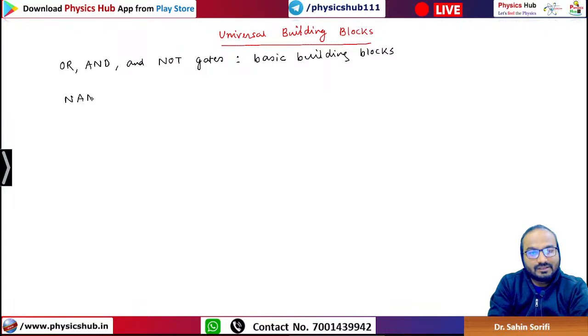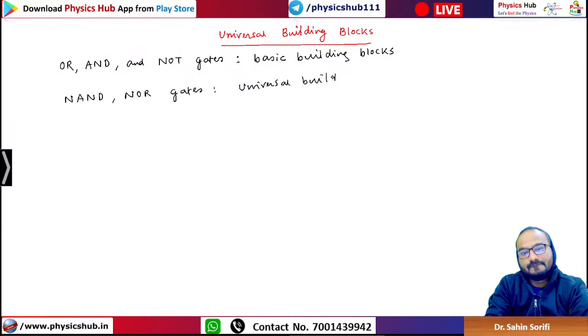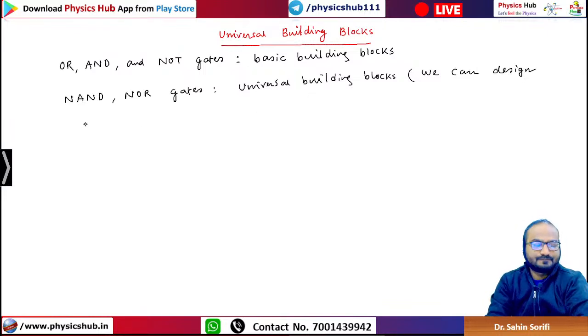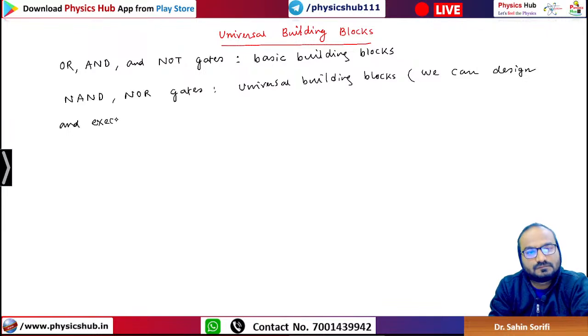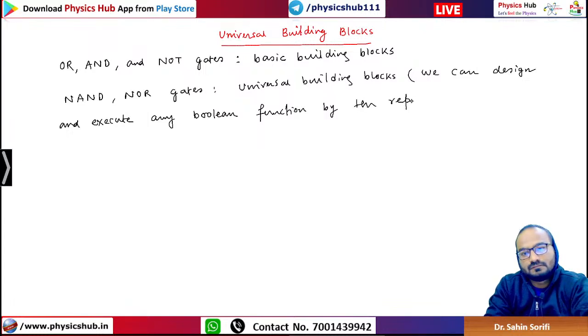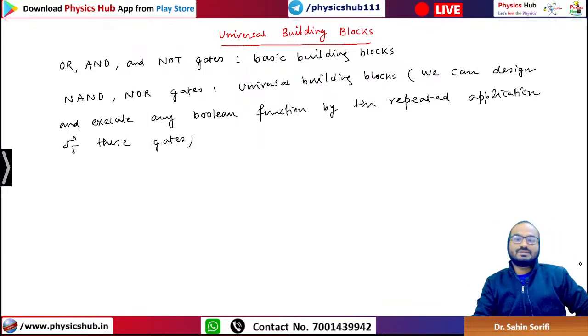On the other hand, NAND and NOR, these are the universal building blocks, and you can design any gate by the repeated application of these gates. That is why these are called universal building blocks.